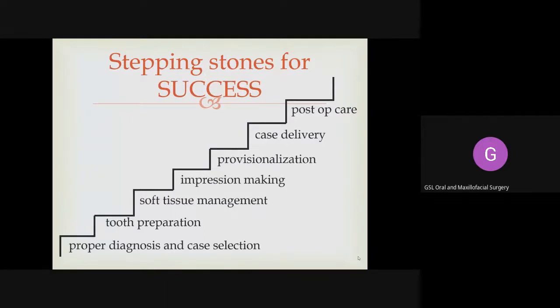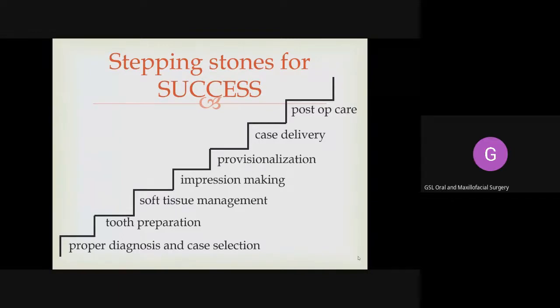And impression making. After tooth preparation, the impression should be proper. If a proper impression is not recorded, you will get a faulty cast and impression. Next, further the process will also be faulty. Next, provisionalization. After tooth preparation and before the cementation of the final restoration, the prepared tooth should not be left like that.